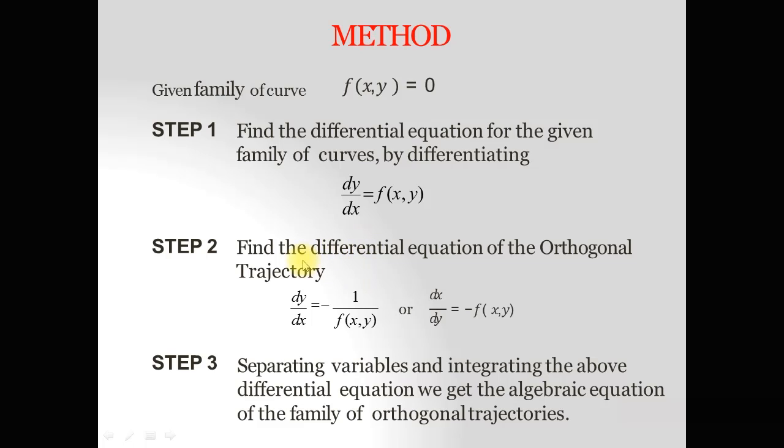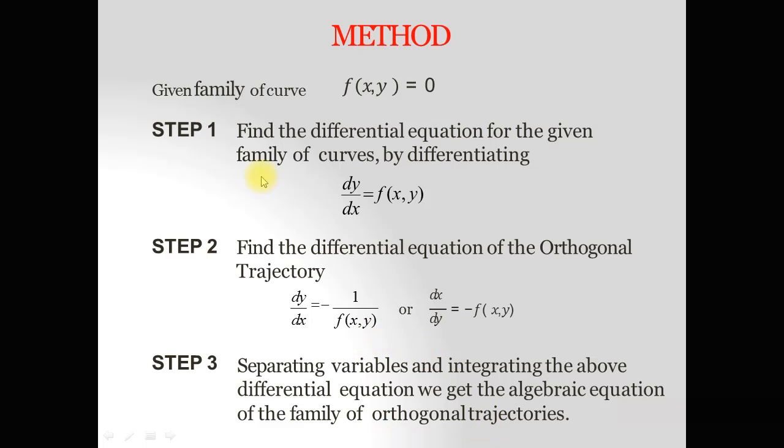The differential equation of the required orthogonal trajectory will be dy/dx = -1/f, or dx/dy = -f(x,y). And then by separating the variables and after integrating this equation, we obtain the algebraic equation of the required family of orthogonal trajectories.